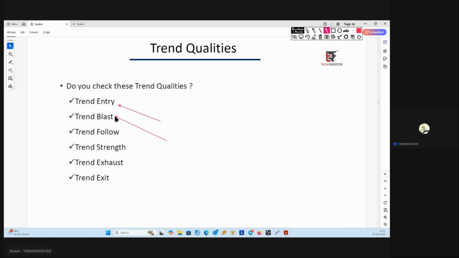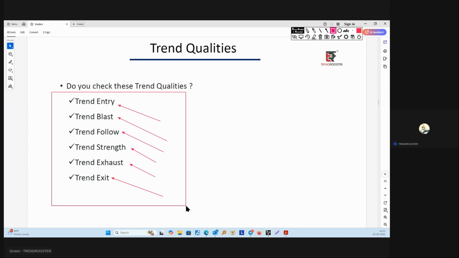And after entering, is it going to blast? You're supposed to know, are you really following the trend? Once you enter, you're supposed to follow the trend. Then, does the trend have strength or not? Is the trend exhausted, and what are the trend exit confirmations? All this information put together makes the trend properties. Are you surprised to know this now?